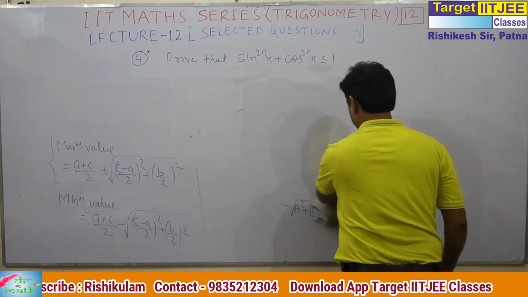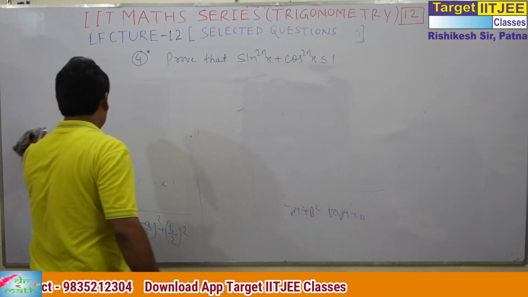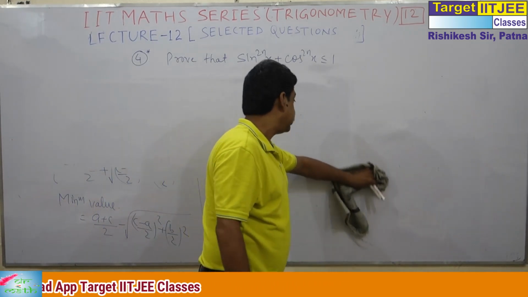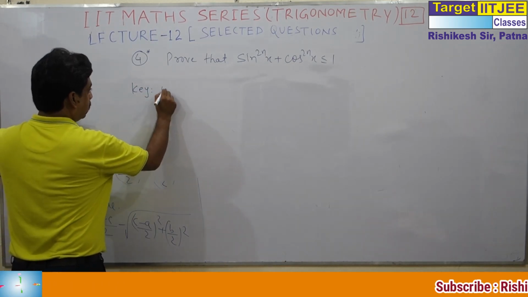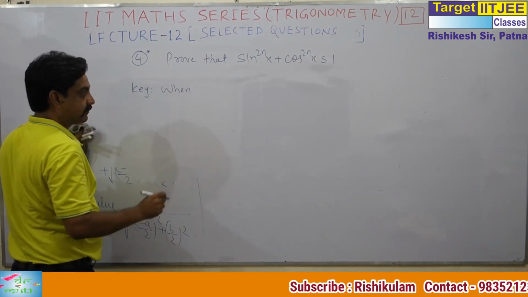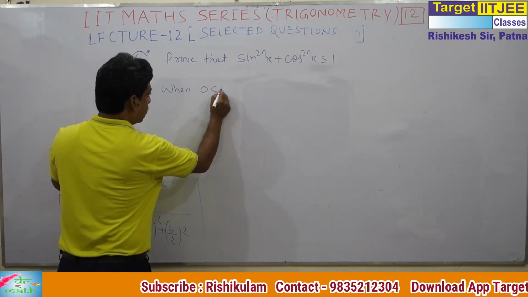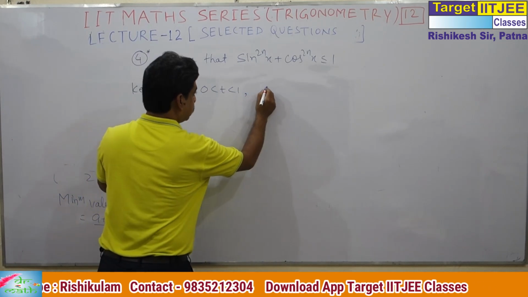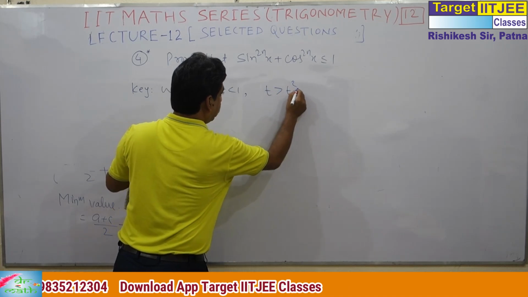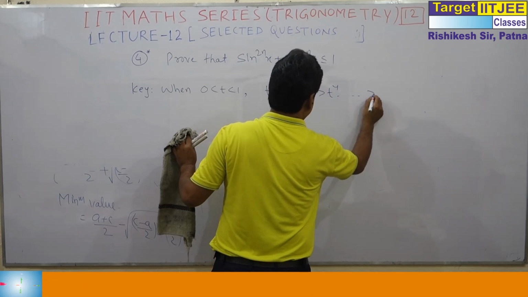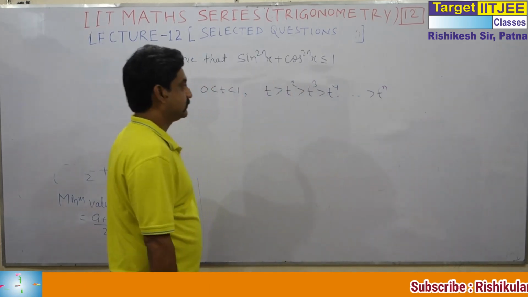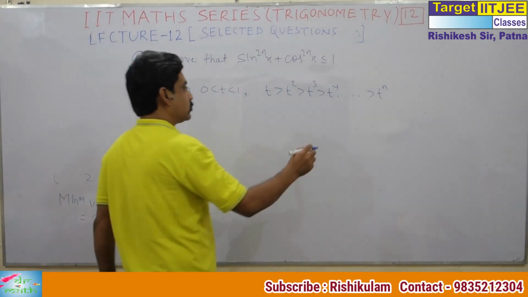Now, see, for this question you have to know some basic points. What is the key point? When 0 is less than t is less than 1, t is greater than t square, greater than t cube, greater than t to the 4, greater than t to the power n, where n is a natural number.